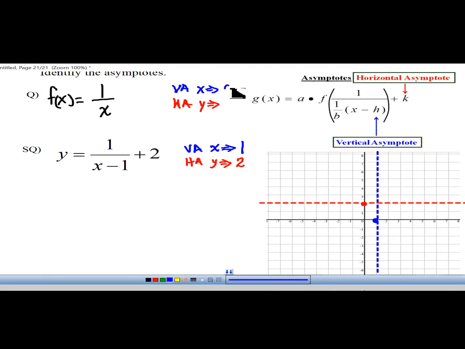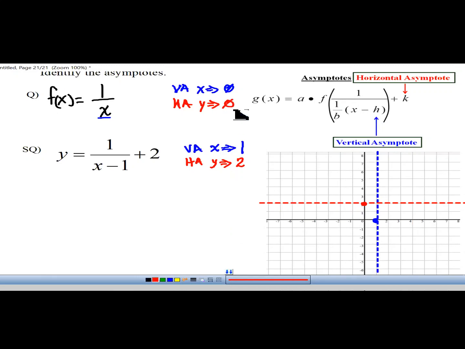Yeah, that is correct. Why 0? Well, let's see. Here's the x, but it's missing all this. If it's missing all that, then that means it has to be a 0. That is correct. With that same thought, what is our horizontal asymptote, Anthony? 0. That is correct. That's also 0.